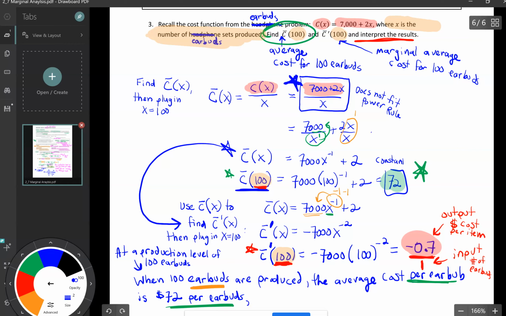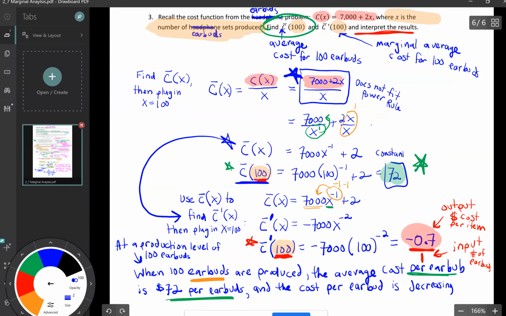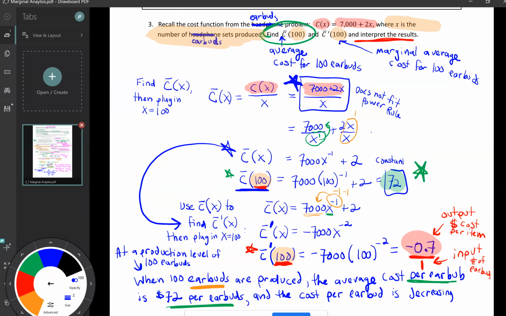So let me write that in there. So when 100 earbuds are produced, the average cost per earbud is $72 per earbud, and the cost per earbud is decreasing by, hold on real quick, I'm trying to put that in there, is decreasing by, and I have to change this to money, so that's about 70 cents, by 70 cents per each additional earbud we make.